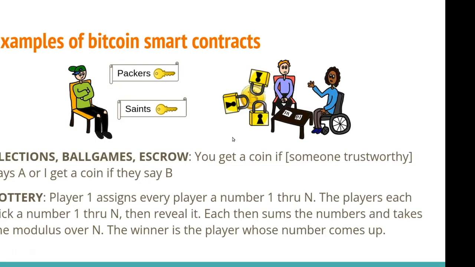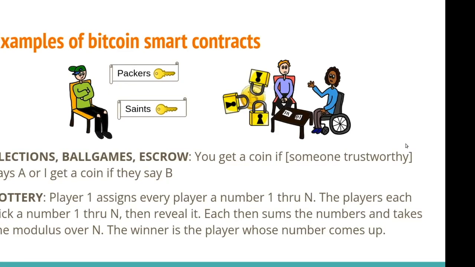Bitcoin can do random numbers, and since Bitcoin can do random numbers, you don't actually need a third party to do a lottery. You can just assign every player a number 1 through n, all come to consensus on what everyone's number is, and then they pick a number 1 through n and reveal it, and then you do some addition on these numbers and take the modulus, and then the winner is whoever's number comes up.